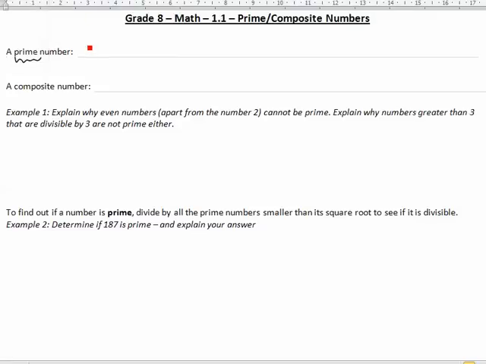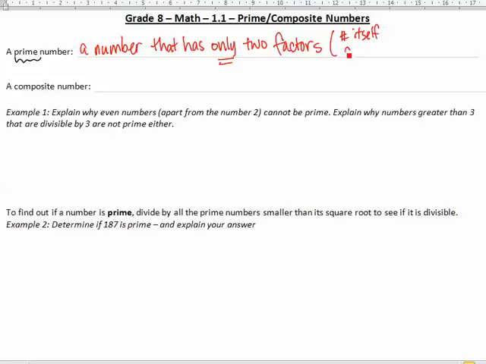So the definition is a prime number is a number that has only, that's a very important word in the definition, two factors. The number itself and 1, which means no other number can divide evenly into that original number.